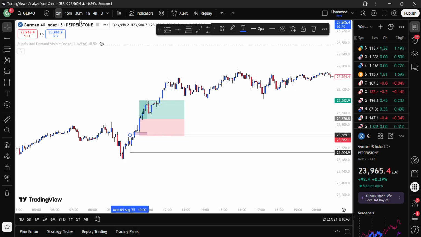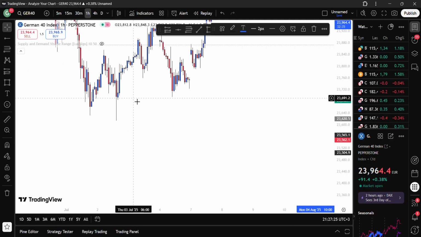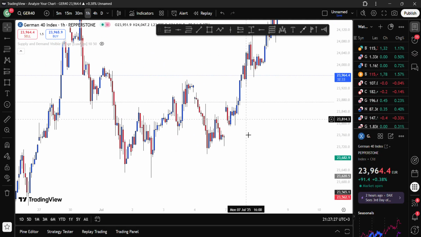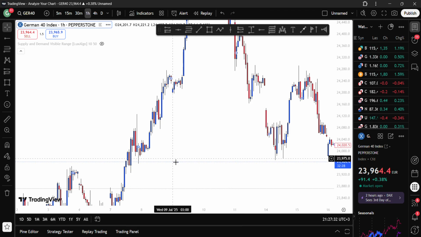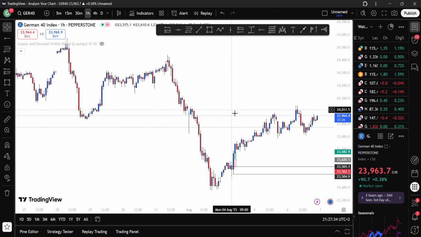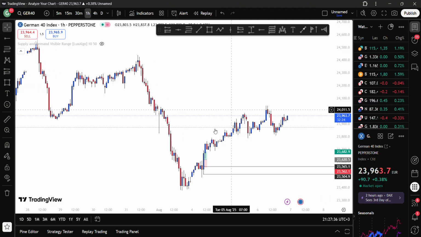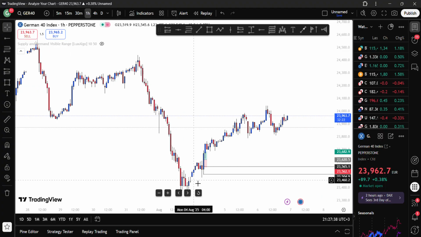After doing that, you'll go to the higher time frame. Okay, let me reset. So after doing that, you'll have to look for the overall bias of the day. So that's for Monday.